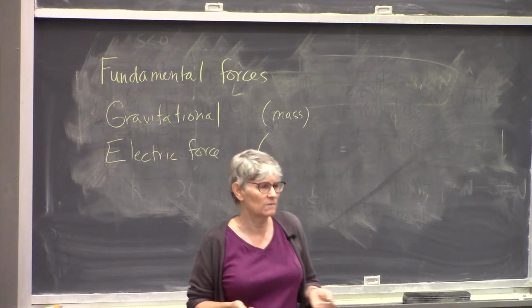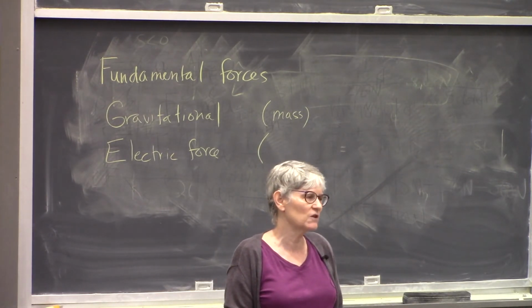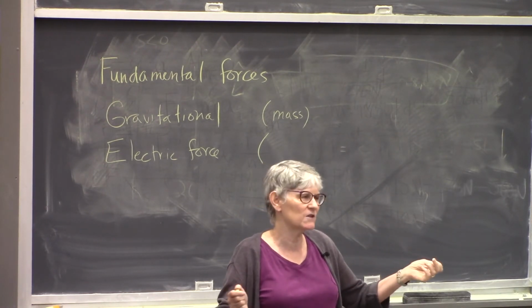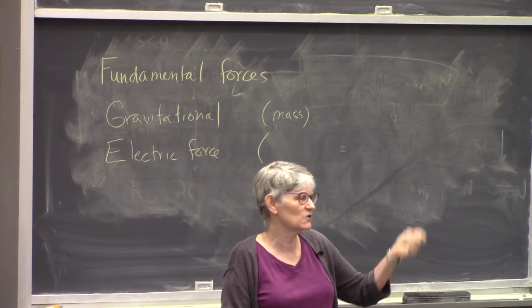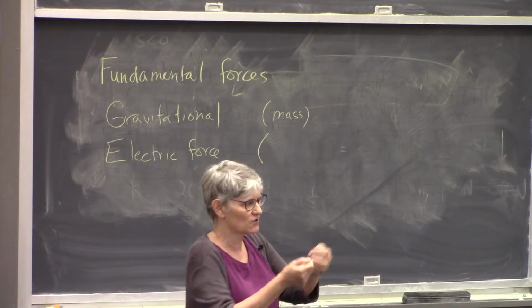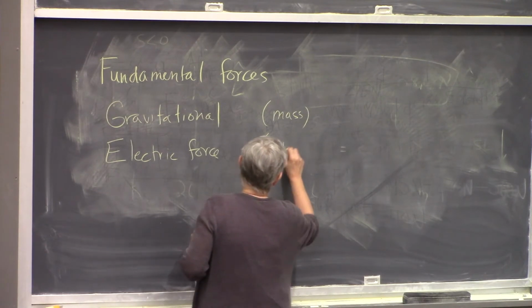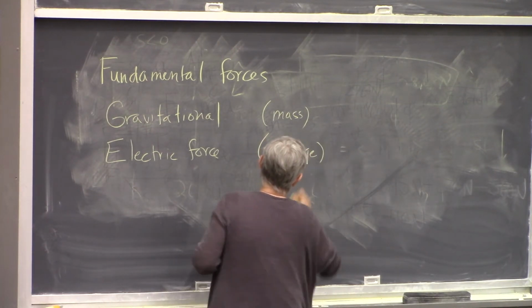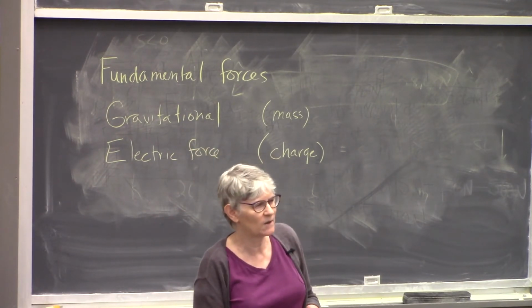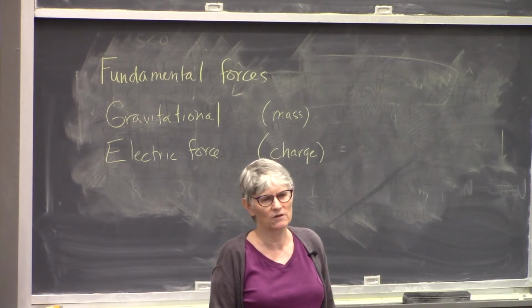You know that ordinary matter is made up of protons, electrons, and neutrons, and electrons have arbitrarily been assigned the sign negative, so they have a negative electric charge. Protons are positive, they have a positive electric charge. Protons and electrons attract each other. Then there's neutrons. So nuclei of atoms are composed of protons and neutrons. Neutrons have no electric charge.